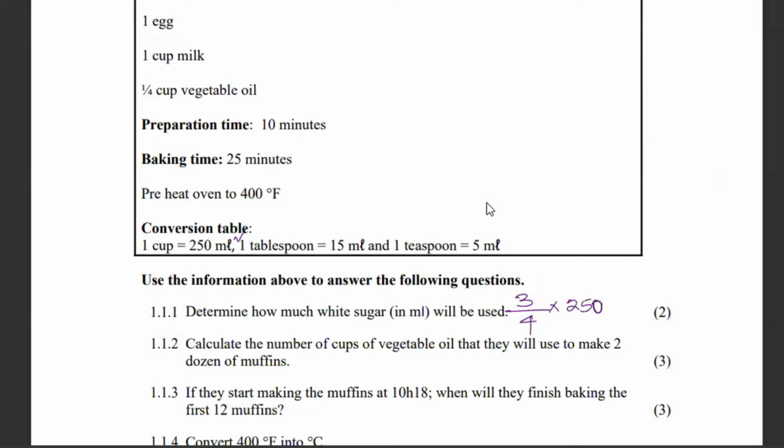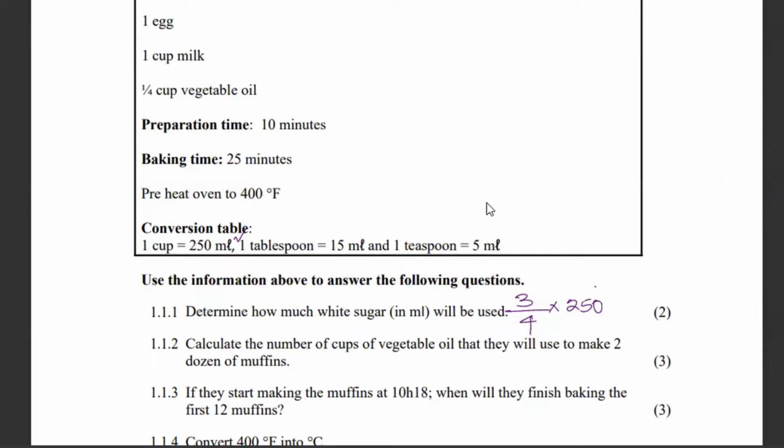Multiply, use your calculator, 3/4 of 250. And we end up having the answer as 187.5 mils. That's what they wanted you to have.